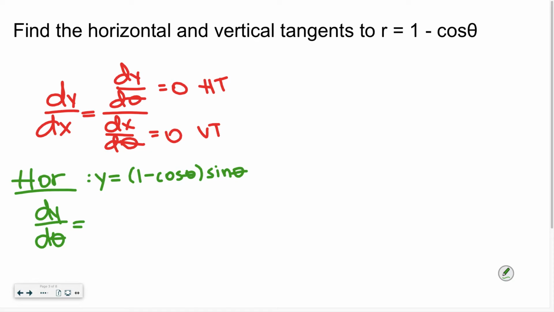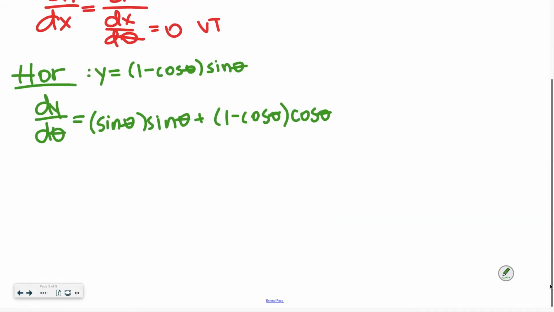Let's take the derivative. Product rule again. What is the derivative of 1 minus cosine? Sine. Plus 1 minus cosine theta times the derivative of sine, cosine.